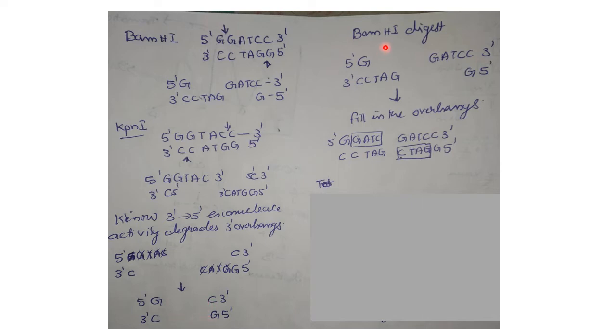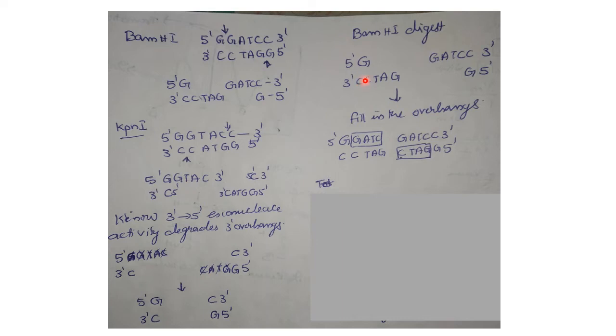Then the BamHI digest. Now it has 5' overhangs, so what you can do is fill in the overhangs. This is the case where I told you about blunting. Blunting is the process by which single-strand overhangs created by restriction digest are filled in by addition of nucleotides on the complementary strand using the overhang as template for polymerization.